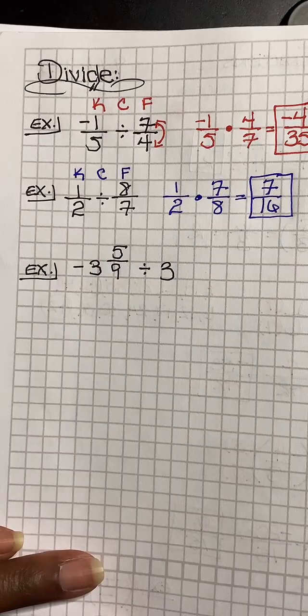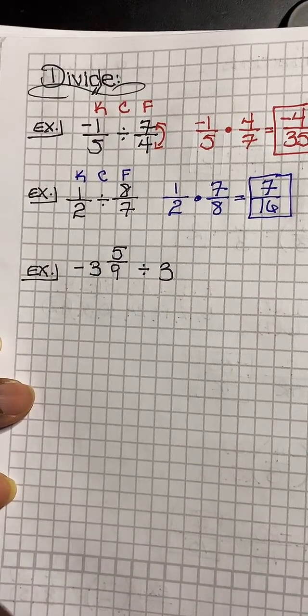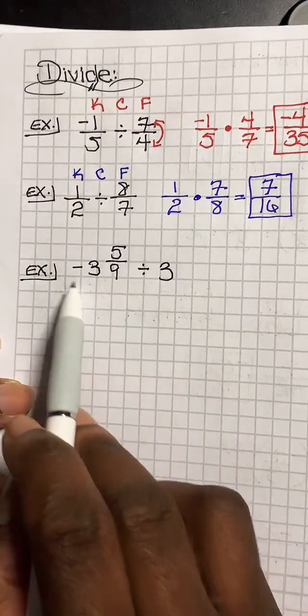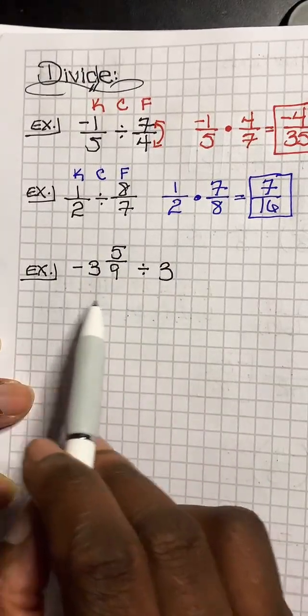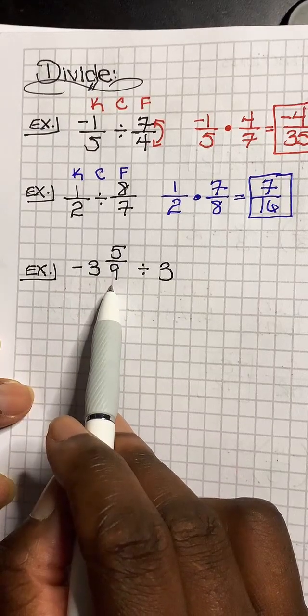Multiply 3 times 9, negative 32 over 9. Okay, keep, change, flip. So the first thing we want to tackle is similar to what Mia said. Let's convert this mixed number to an improper fraction first.